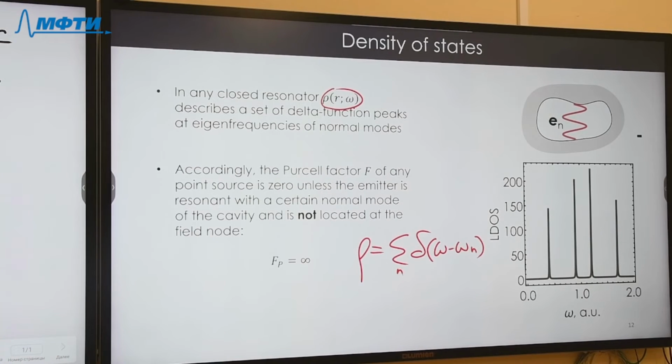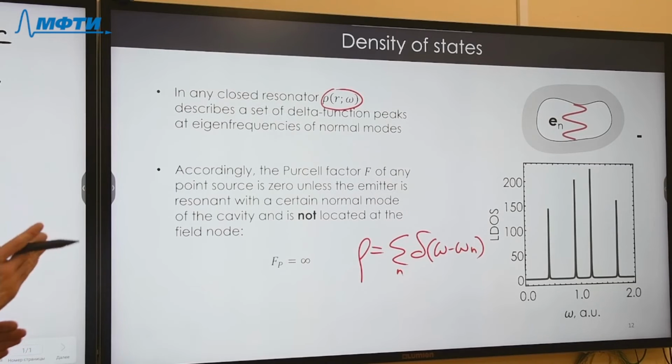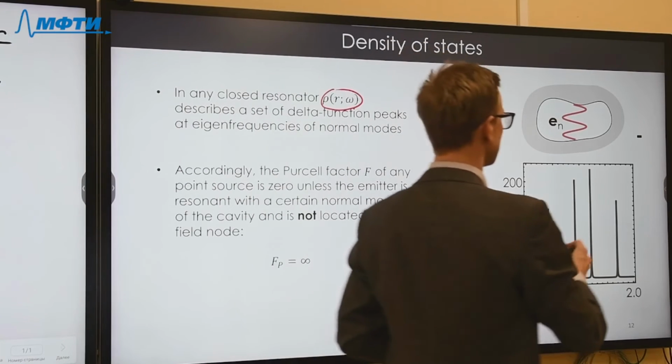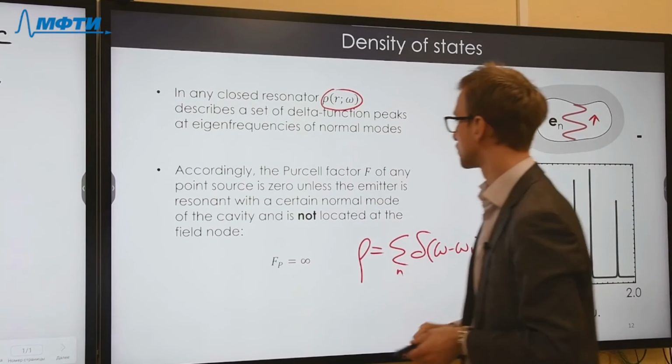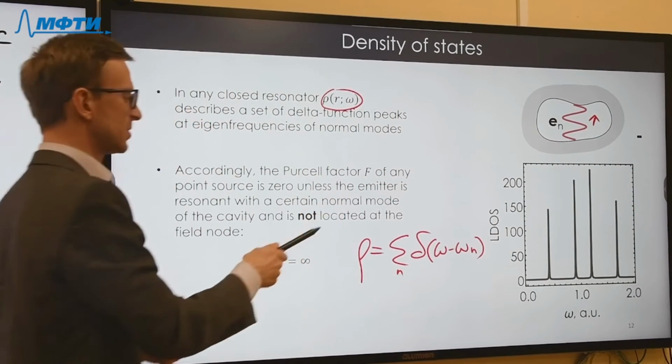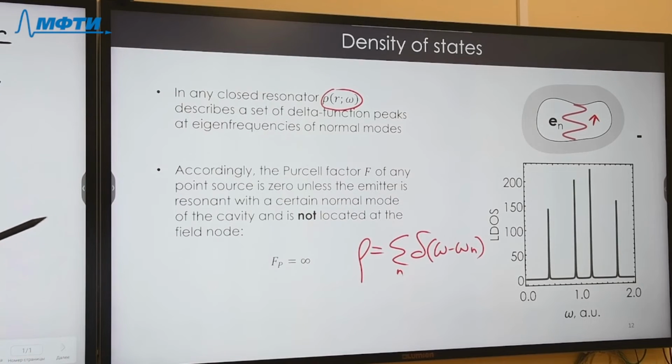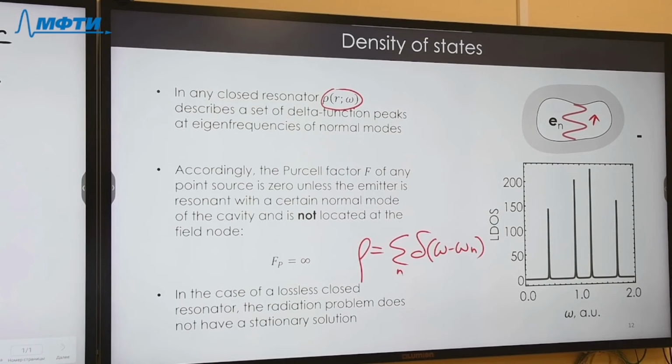And then if we place a point dipole inside the system, somewhere in this system, and if this point dipole is resonant with at least one of the modes, with any of the modes of this system, then the Purcell factor is going to be infinite, because that happens because the radiation problem in the case of a closed resonator does not have a stationary solution.